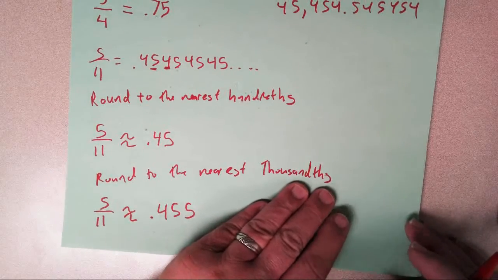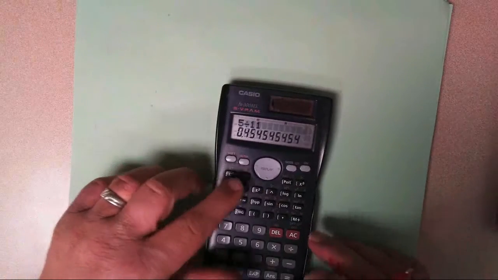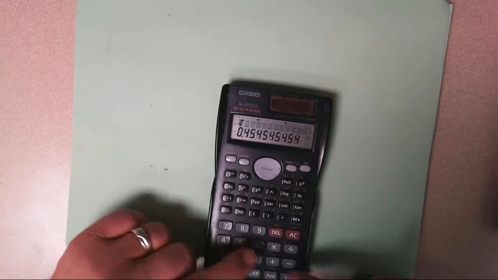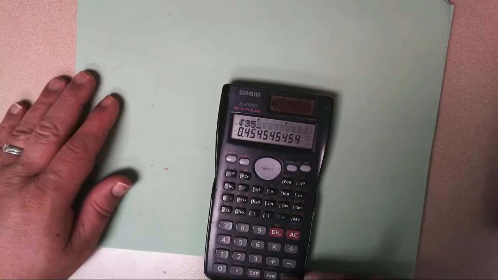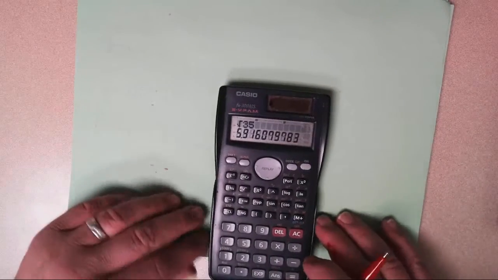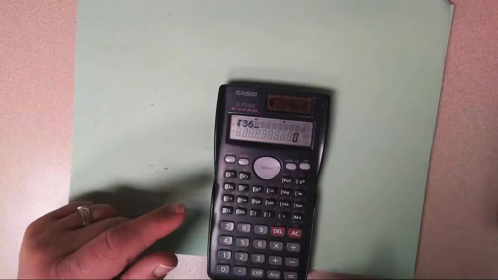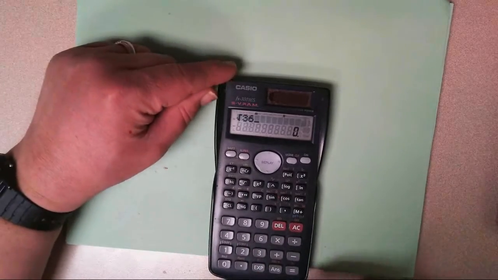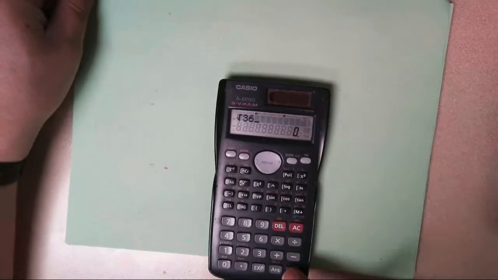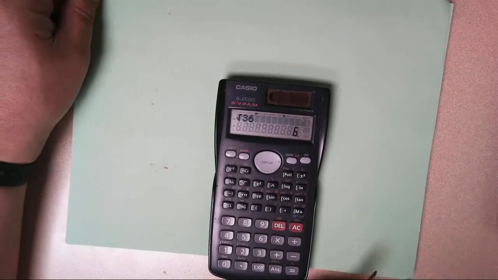Okay, so let's try maybe a couple more of these. So let's say I'm going to do the square root of 35. Okay, now if the square root comes out evenly, like if I do the square root of 36, 36 is a perfect square. 6 times 6 equals 36, and I would get 6.